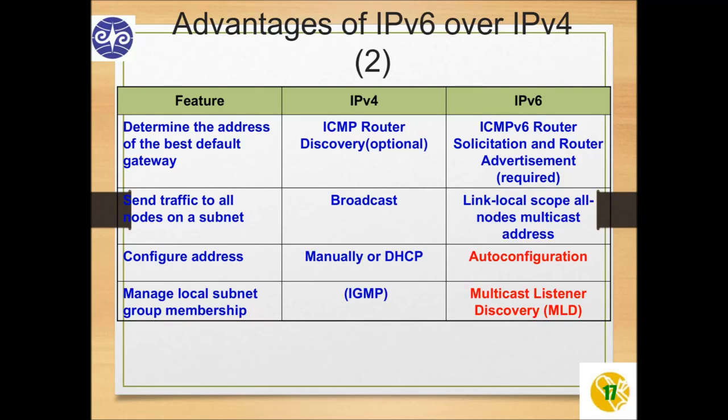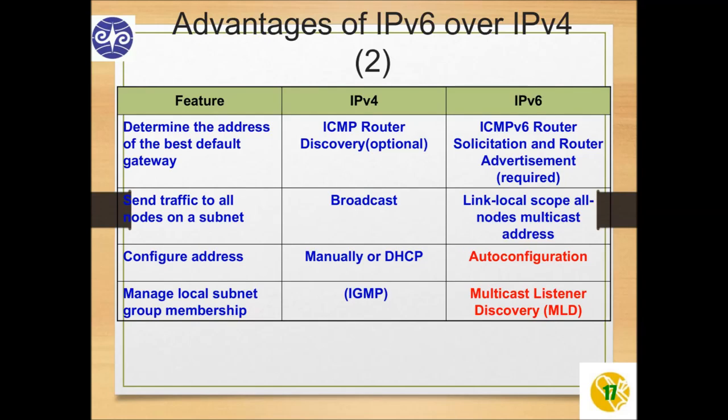Second feature: send traffic to all nodes on the subnet. In IPv4 we use the broadcast scheme, and in IPv6 we use link local scope all nodes multicast addresses. Over here just the addresses are used to whom the data will be transmitted. Next feature is configure address, which is configuration.